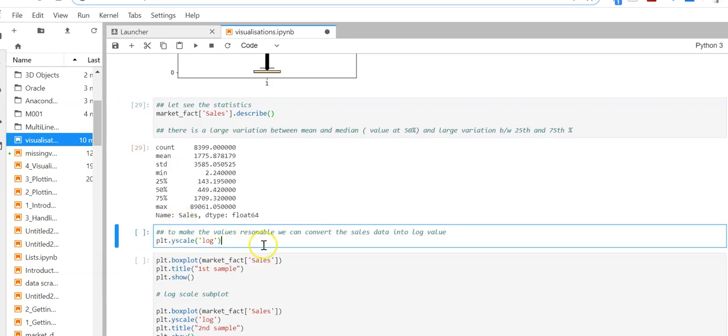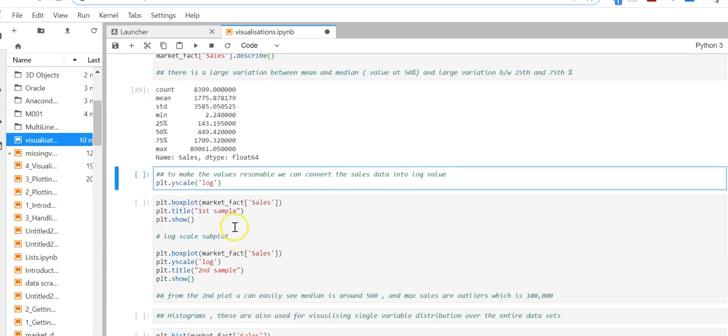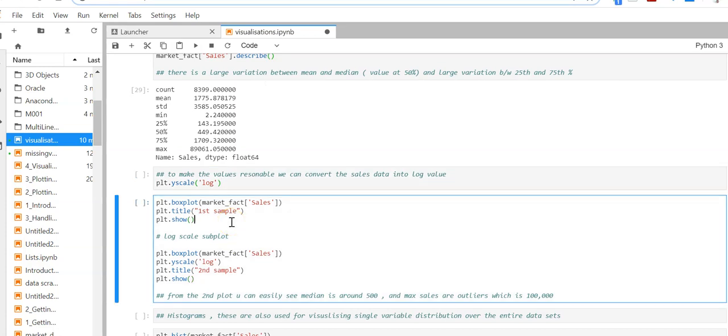Now to make the data reasonable, we can make use of the log function. What the log does is it brings the values to a reasonable range, so it's quite readable without any loss of information.